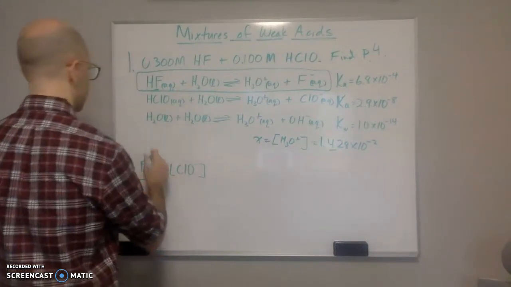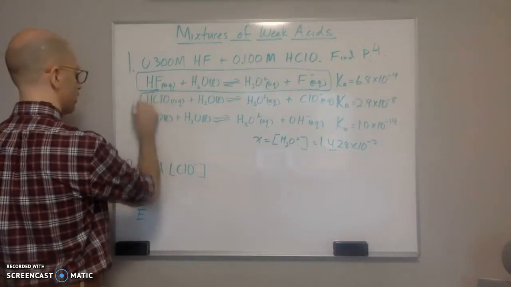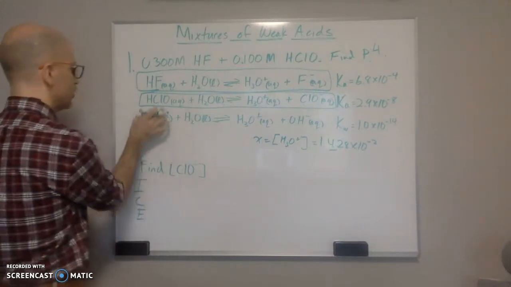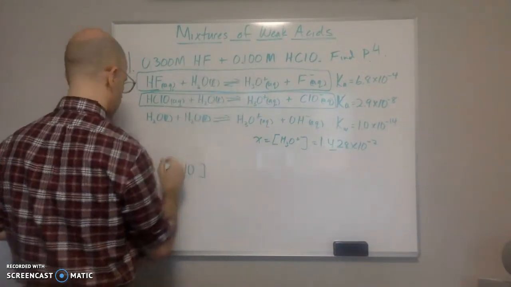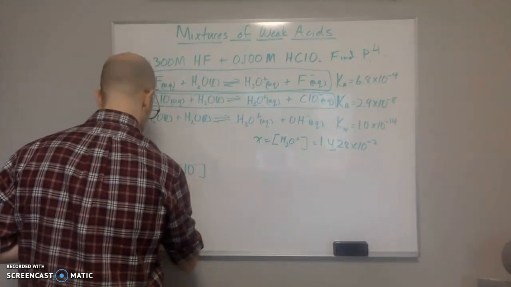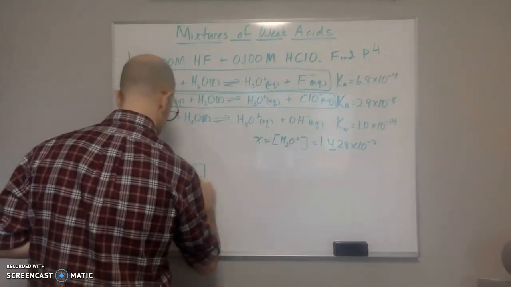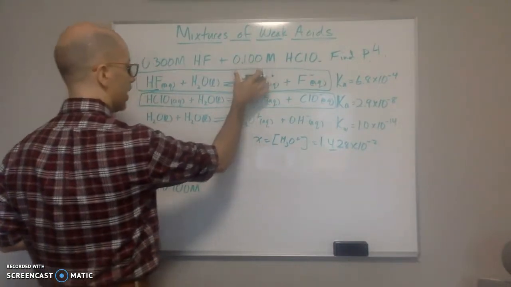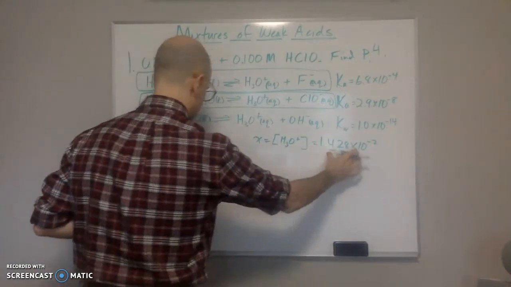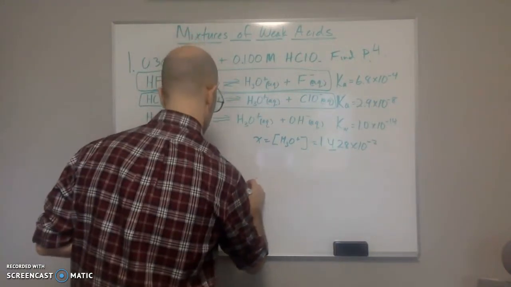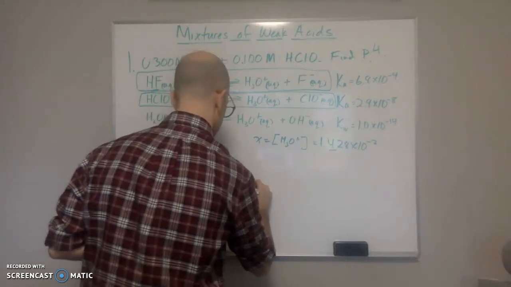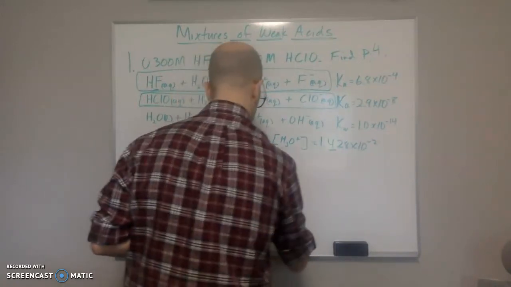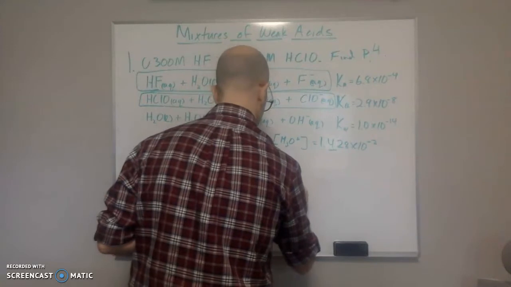So we're looking at this equation now. This is the one we're looking at. So we started with 0.100 molar of our HClO, and then we are also starting with this amount of H3O plus, because that's the amount we got from the HF, 1.428 times 10 to the negative 2.